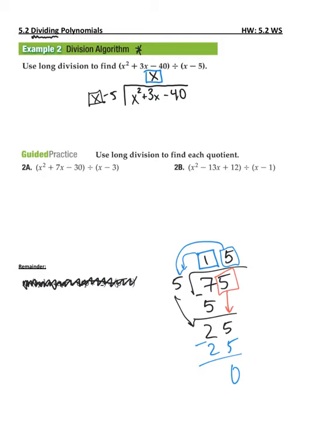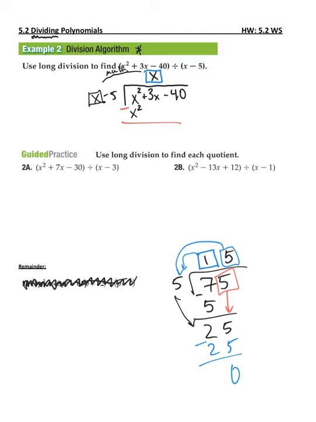x times x gives you x squared. I chose x because I wanted to get an x squared so that these cancel out. When I go to subtract, those are going to cancel.